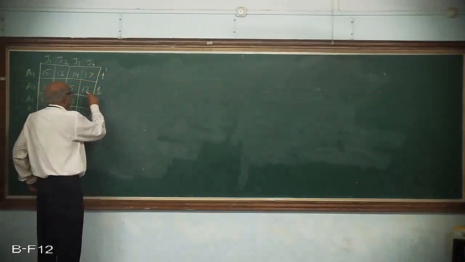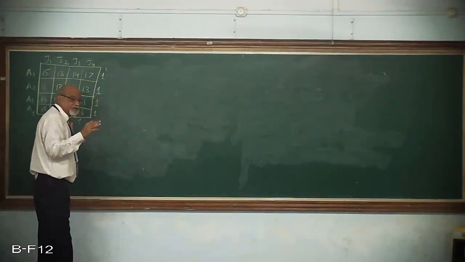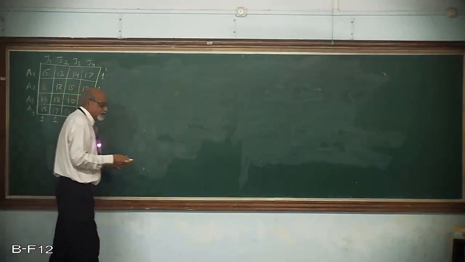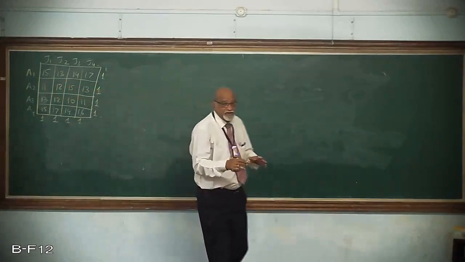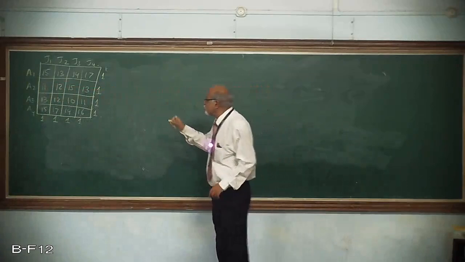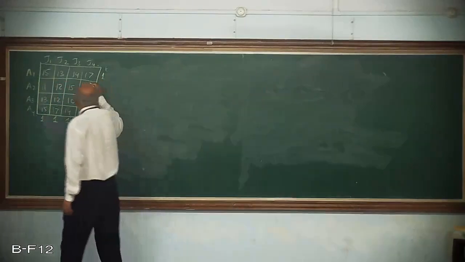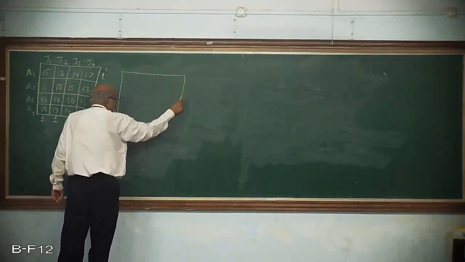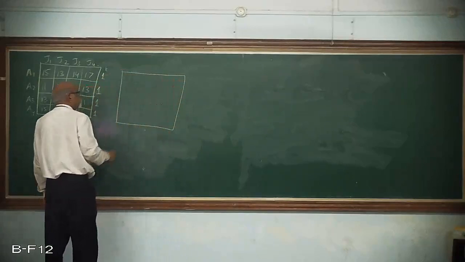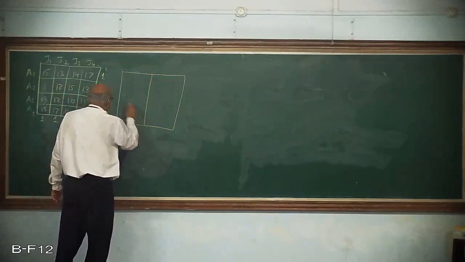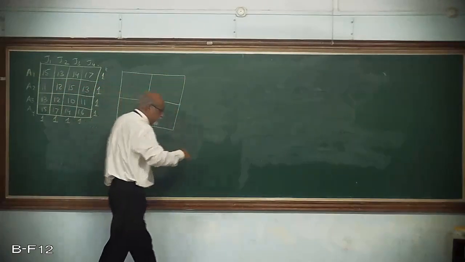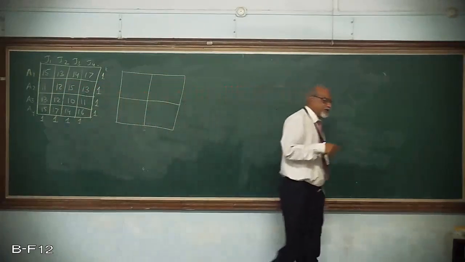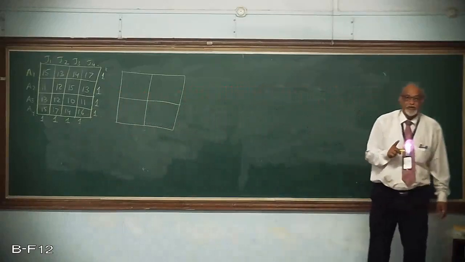Now, according to the first theorem, in consequence to the second theorem, I will try to create zeros. How best I can create the zeros in each row and column, that is what we should see. Try to understand, always in this OR technique, we start with the rows first and then the columns. You might have remembered in the case of transportation also.